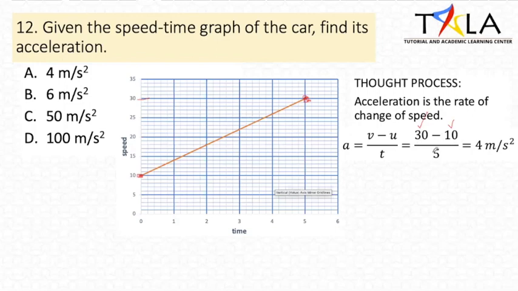Divide natin by 5 because in the graph it showed that 5 seconds yung nag-lapse from the initial to the final speed. Okay? And solving for this, we will have 4 meters per second squared as our answer. Okay ba tayo dyan? Okay po. Nice, nice. Okay.